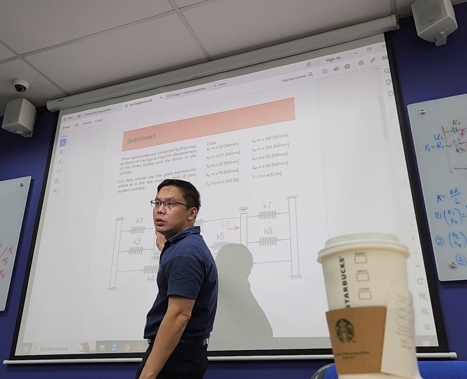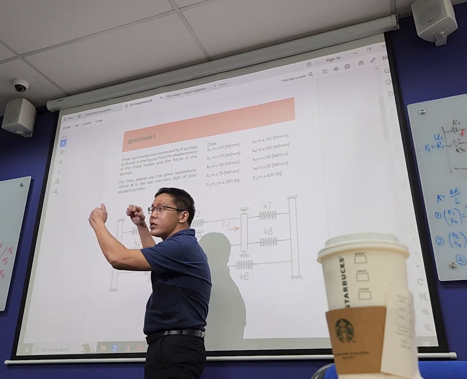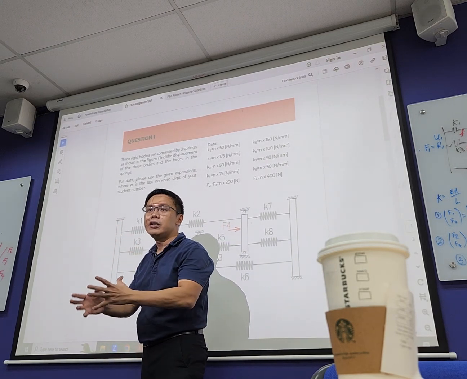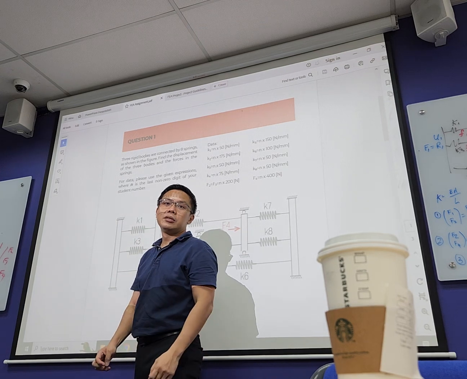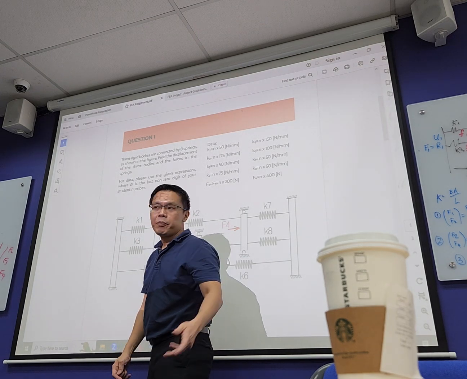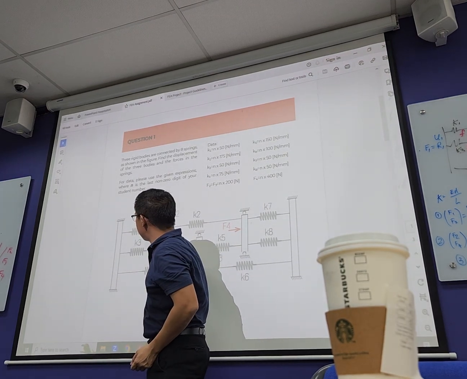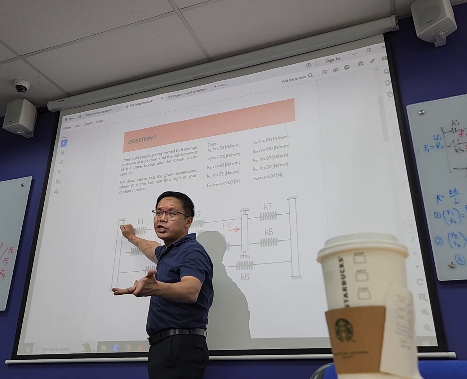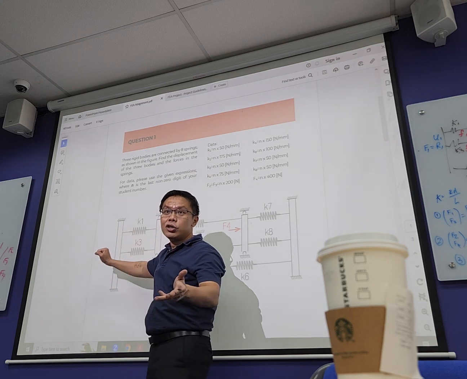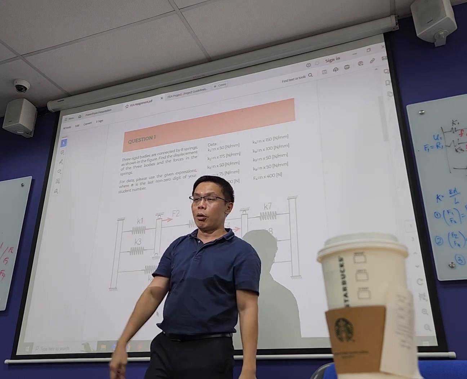This is U2, this is U1. If you get a positive number, is your spring in tension or compression? Tension, correct. If I get a negative number, that means U1 is 0 and U2 is moving in this direction. Do you have compression or tension? Compression. So you must put there in brackets tension or compression.